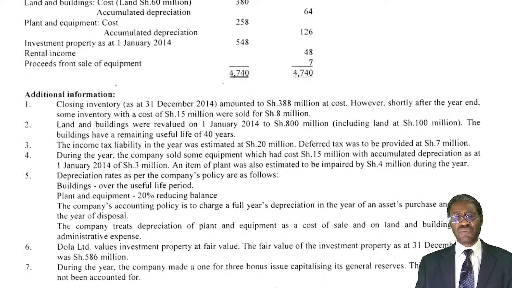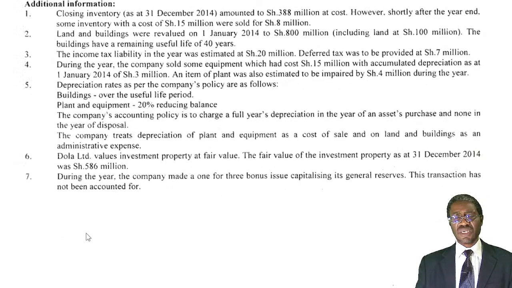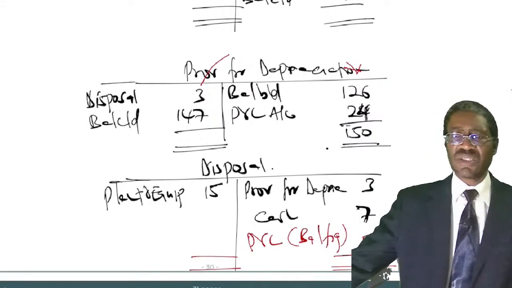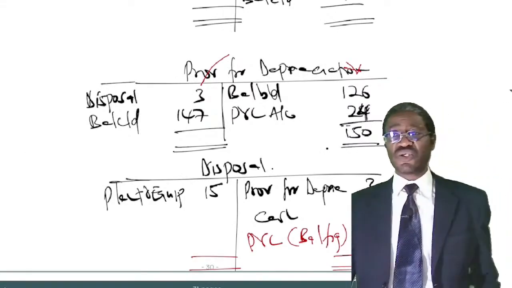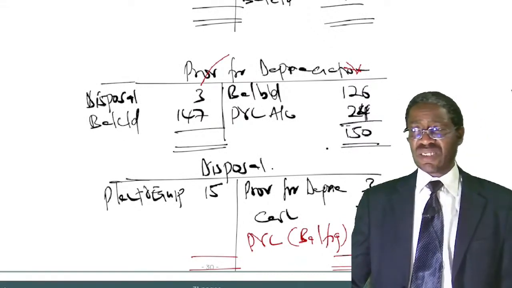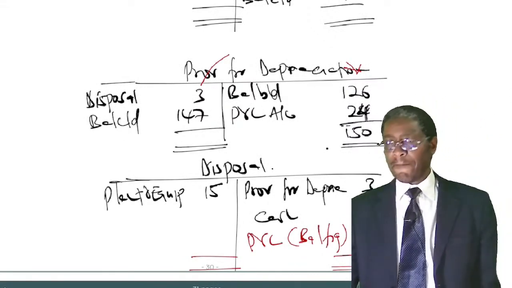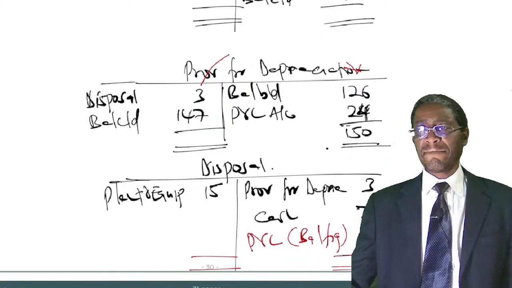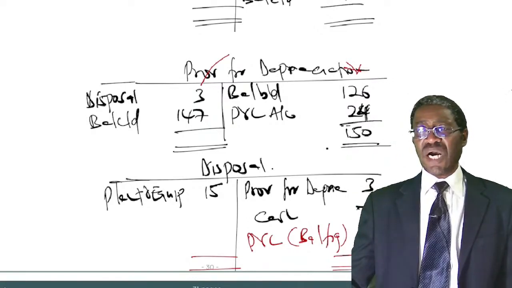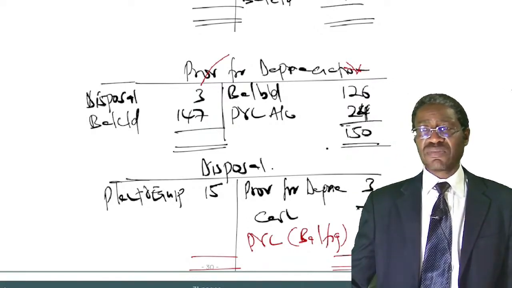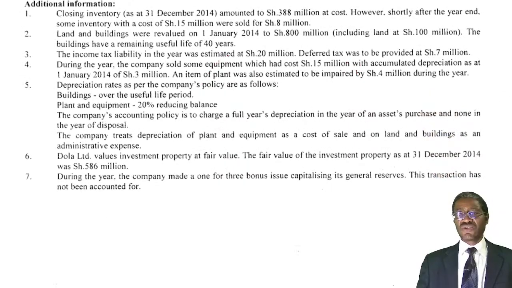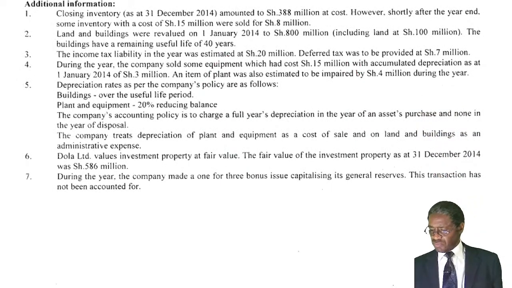So finish copying that provision for depreciation. Then I discuss note number 6. I hope you are through with the copying now. Good. Let's read note number 6 now.